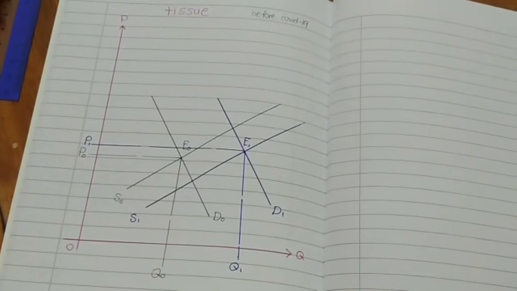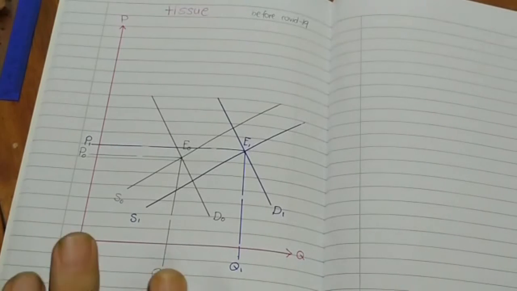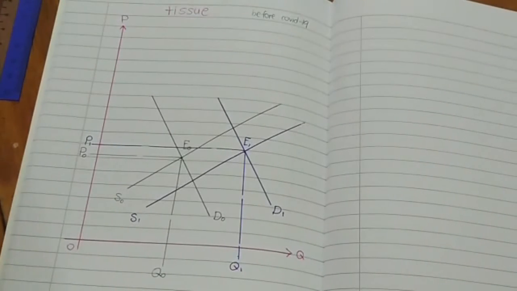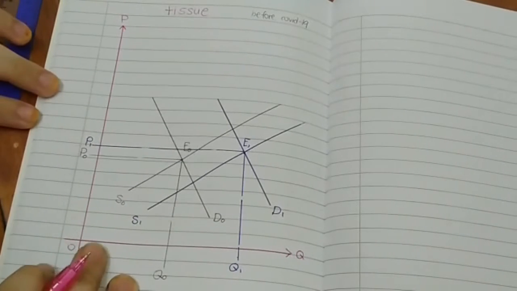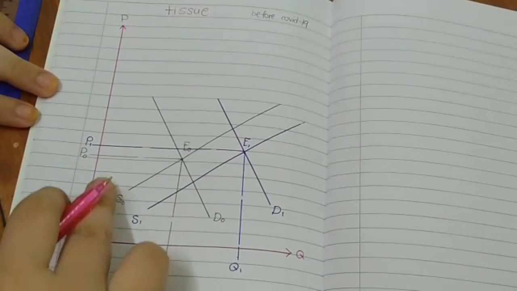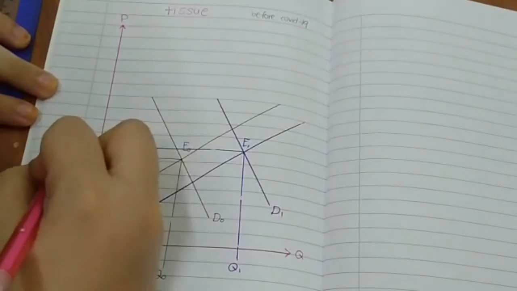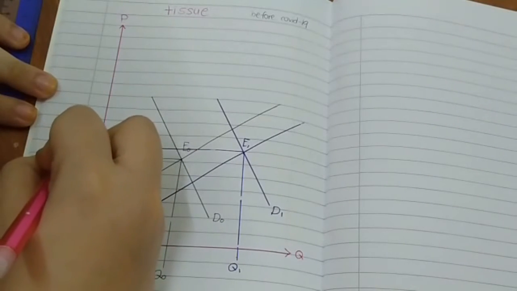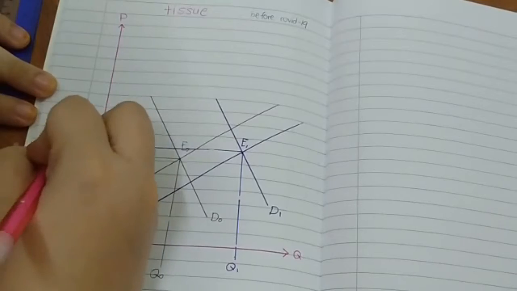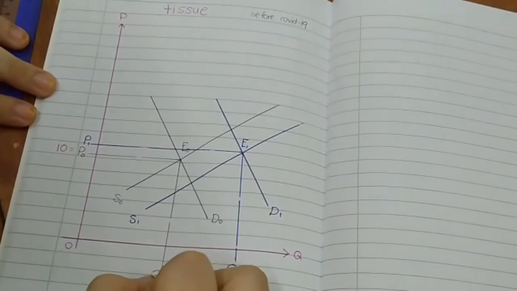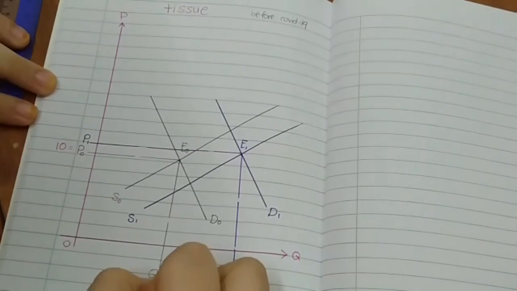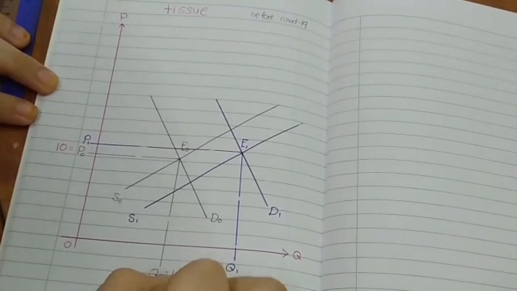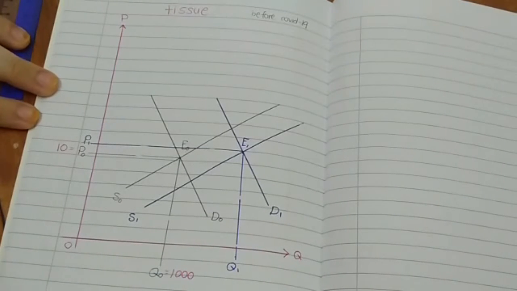For the example, before COVID-19, the equilibrium price is 10 and the equilibrium quantity is 1000.